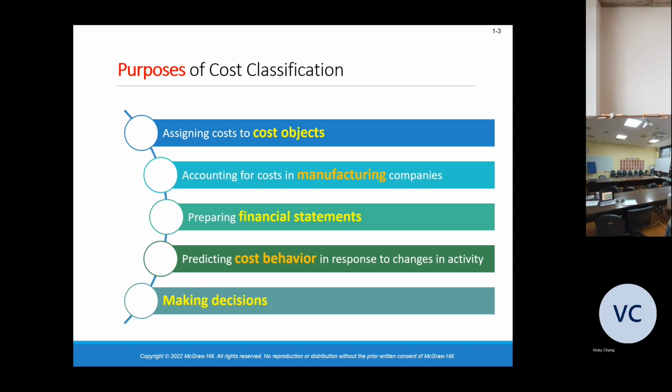What is a cost driver? Yeah, cost driver. You can say they are cost behavior. Are we looking at how costs change on a monthly basis? For example, maybe there's a fire, right?